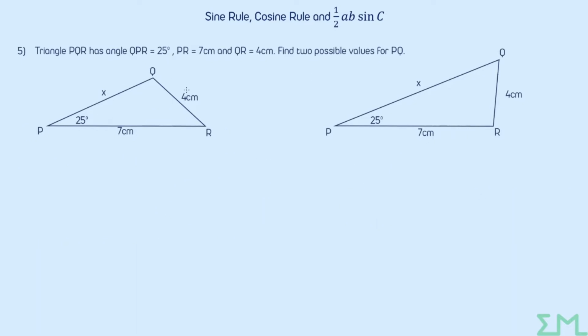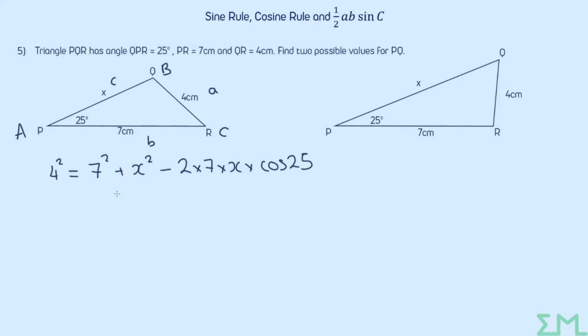Okay, so using the cosine rule then, if we labelled this with a and little a over here, and then it doesn't matter which way around these are, so I'm just going to do them this way, and we put these in, we would get 4 squared equals 7 squared plus x squared minus 2 times 7 times x times cos of 25. So do you see we get the x squared term, but we also have an x term here. So it's a little bit messier, to be a little bit more careful. Notice that it's a quadratic and then solve correctly.